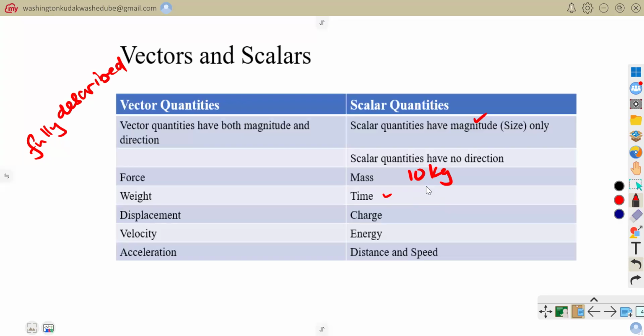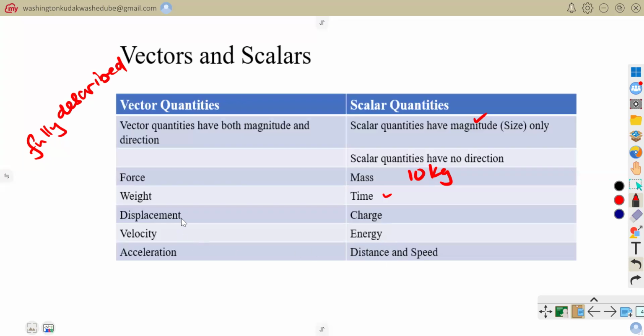There is no need to say towards the west or the east. It's just how many hours you took. So there is also charge, and also energy, distance, and speed, because distance is just the total length of the whole path that you took.